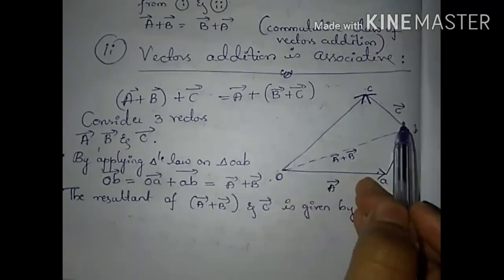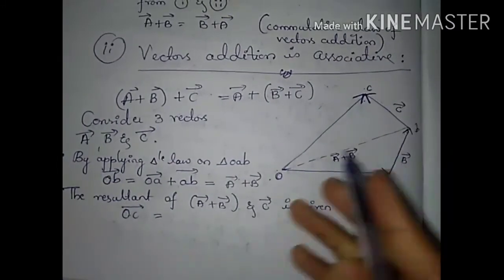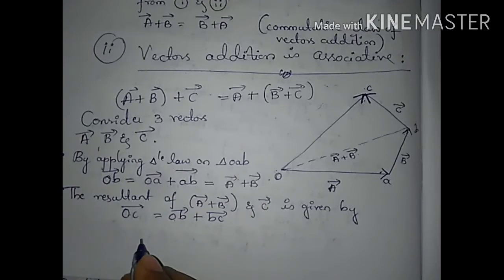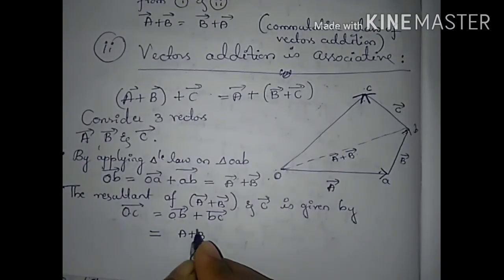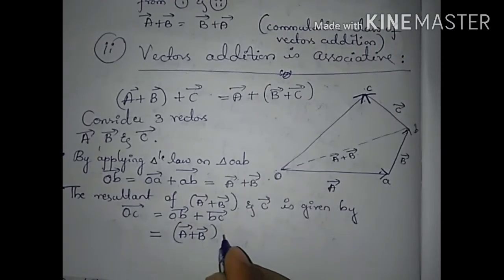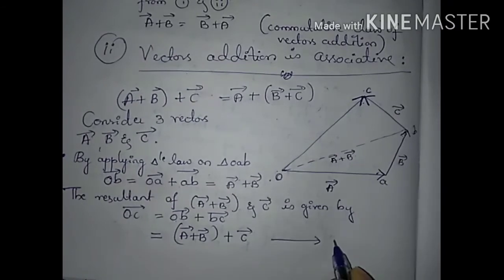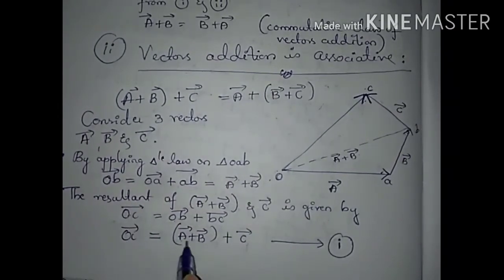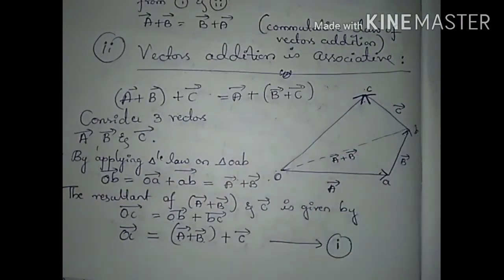From this triangle, OC will be equal to what? OB plus BC. OB is A plus B and BC is vector C. Let us call this equation number 1. So OC is equal to A plus B plus C.